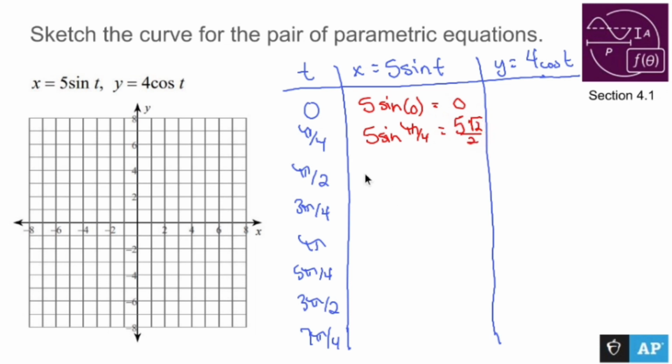Okay, we'll deal with that when we have to deal with that. 5 sine pi over 2 is 5 times 1, which is 5. 5 sine 3 pi over 4 is going to be 5 root 2 over 2 again.